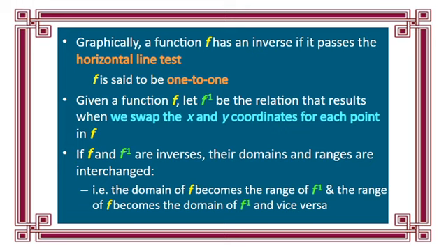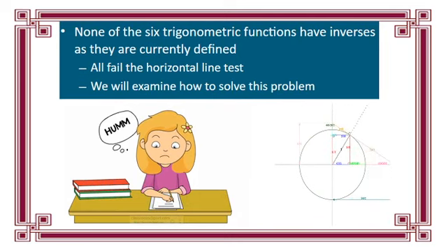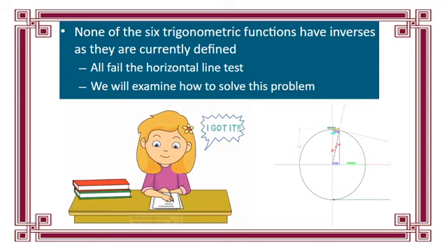That is, the domain of f becomes the range of f inverse, and the range of f becomes the domain of f inverse, and vice versa. None of the 6 trigonometric functions have inverses as they are currently defined. All fail the horizontal line test, and now we will examine and learn how to solve this problem.